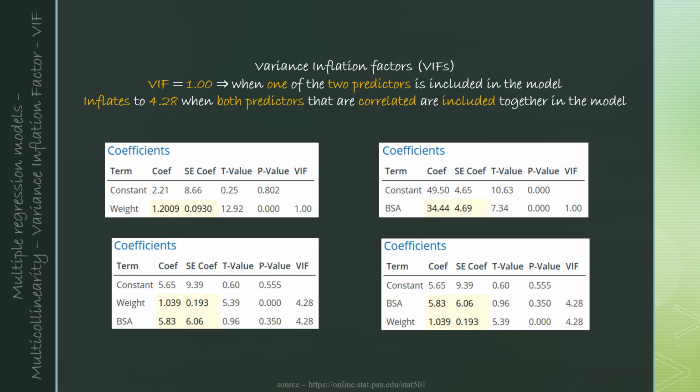Variance inflation factors, VIFs, quantify these inflations. VIF, which equals 1.0 when one of the two predictors is included in the model, inflates to 4.28 when both predictors that are highly correlated are included in the model.